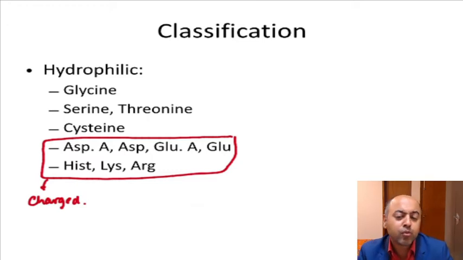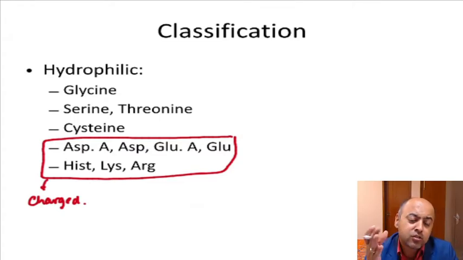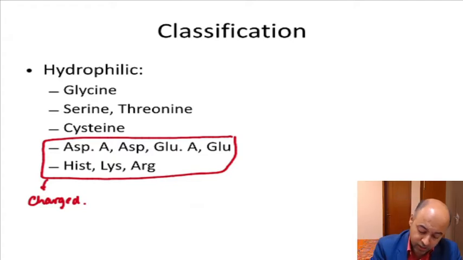The others are polar, but they are non-charged. The acidic and the basic amino acids are polar as well as charged. In this way you can remember the hydrophilic and the hydrophobic amino acids. The others would be hydrophobic; these are the only ones which will be hydrophilic in nature.